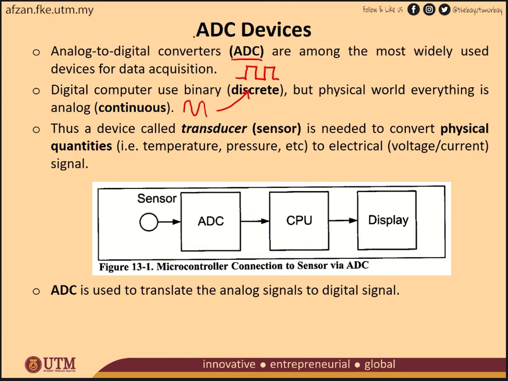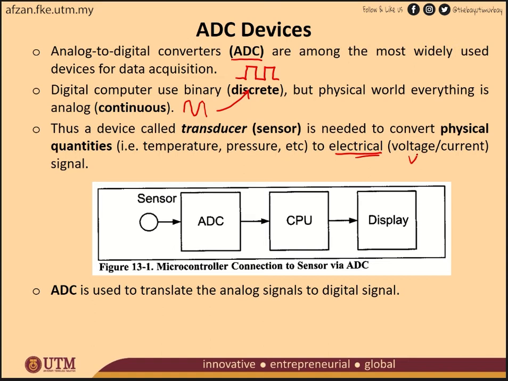In order to convert the data from an analog to a digital data signal, you need to use a transducer or a sensor, in which this sensor will convert the physical quantity. For example, if you want to read a temperature, we convert that temperature value to an electrical signal, sometimes a voltage or a current.